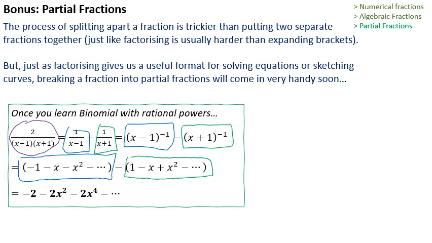Some things cancel out, some things combine, and when you've done that, you get an overall expansion, which is now effectively equivalent to a binomial expansion, but it came from a fraction that was too complicated to write as a single binomial expansion. Breaking it into two has allowed us to deal with that. And the nitty-gritty detail behind how you get from here to here and how you get from here to here, that's something you'll cover once you learn binomial with rational powers.